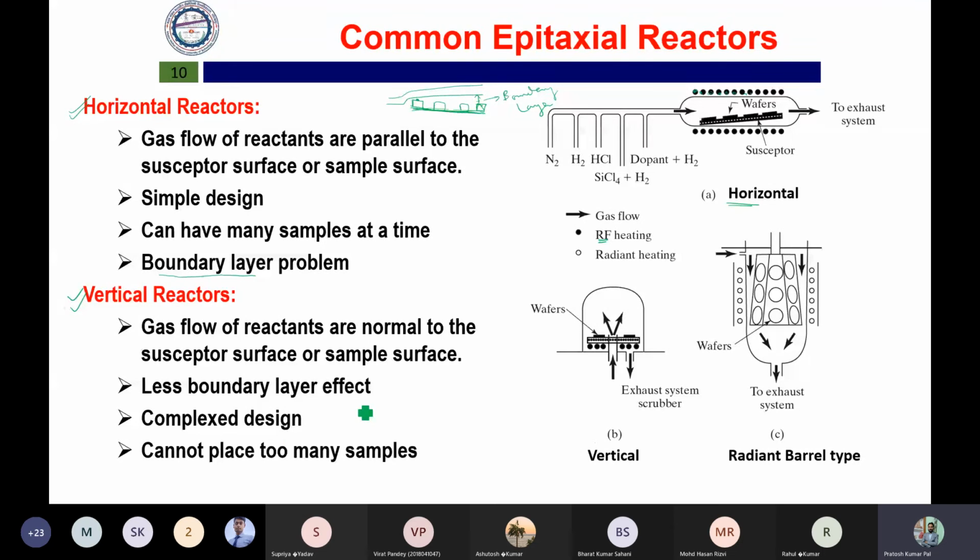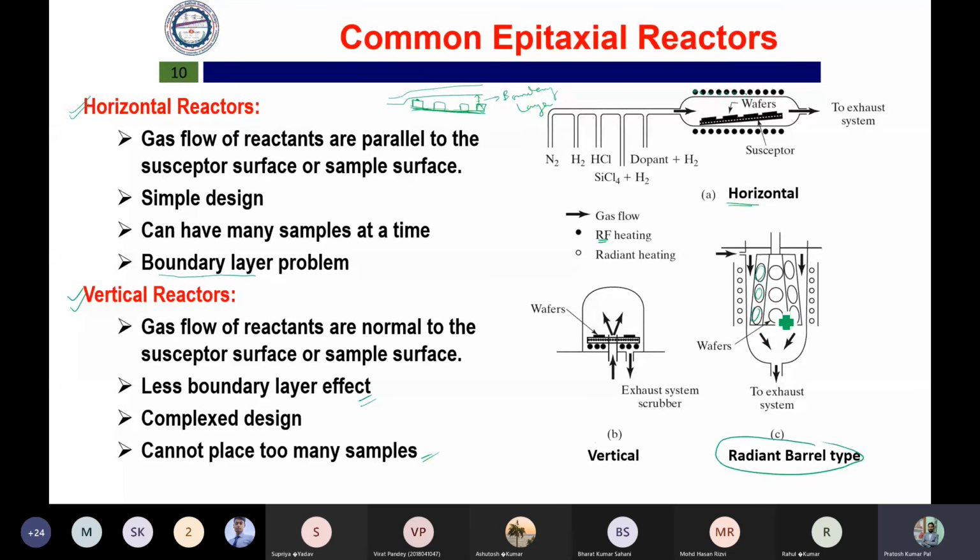One another type is the barrel type reactor. A barrel holder will be there, and onto that there will be some grooves, holes. Into these holes we will be placing the samples, and the gas flow will be parallel to this.